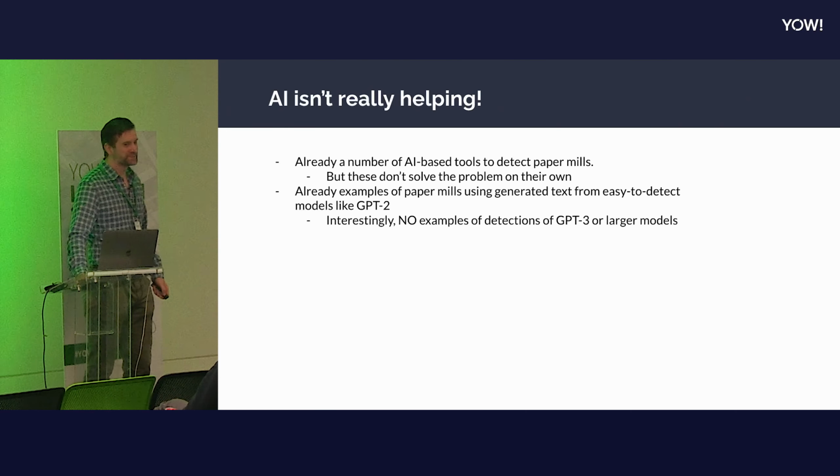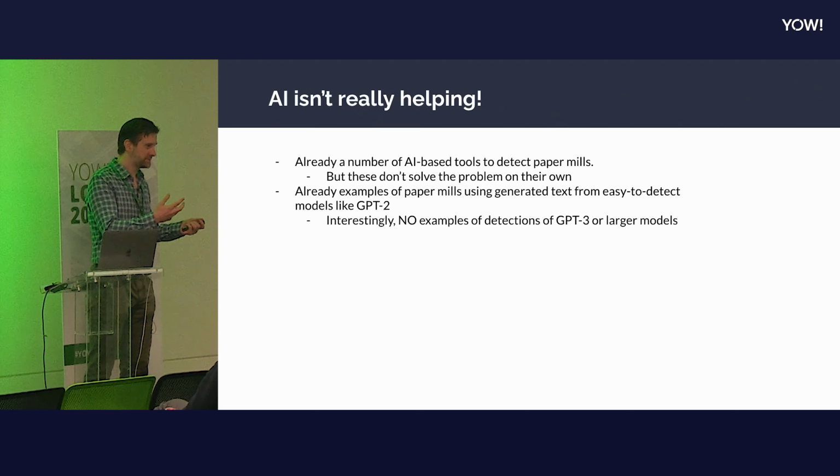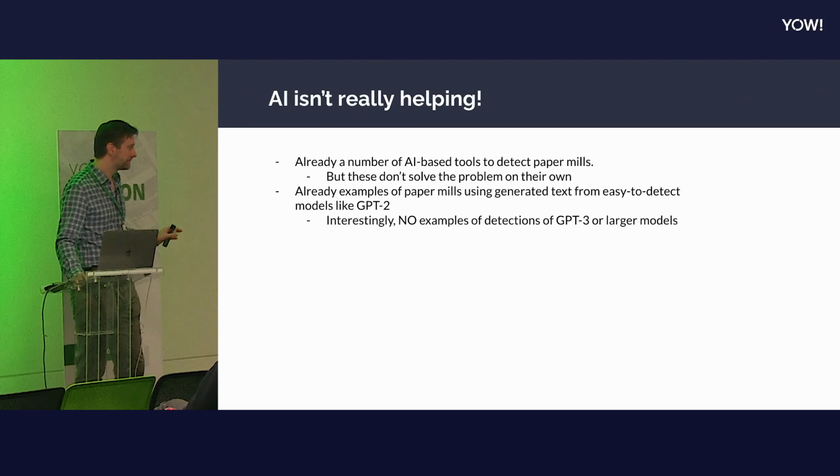Interestingly, there aren't any examples of fake papers that have been generated with GPT-3 or later models, which is strange, right? But probably it just means that it's reached a point where we can't detect it anymore, at least not easily.